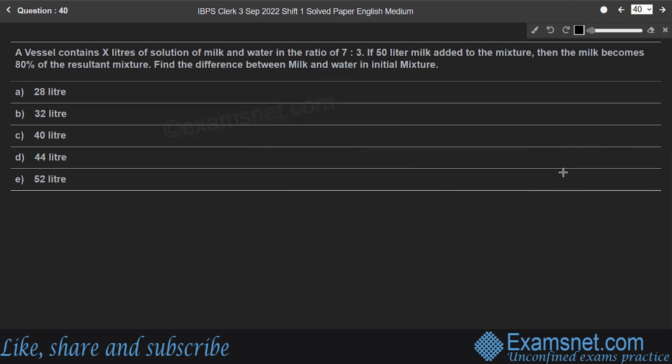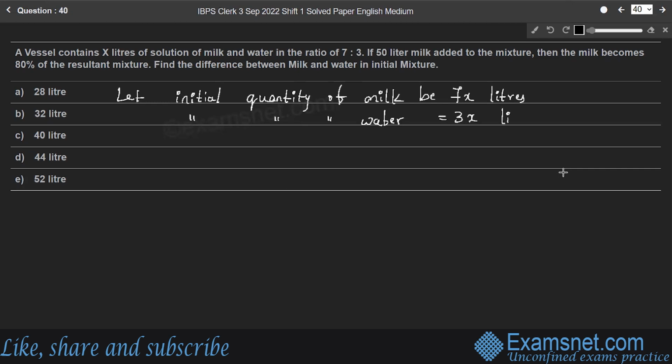So here, let initial quantity of milk be 7x liters and initial quantity of water is equal to 3x liters. Right?